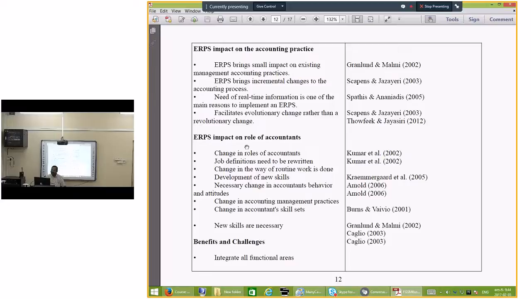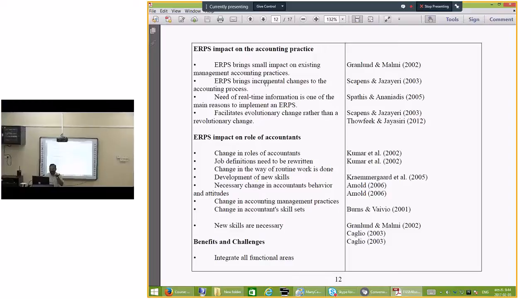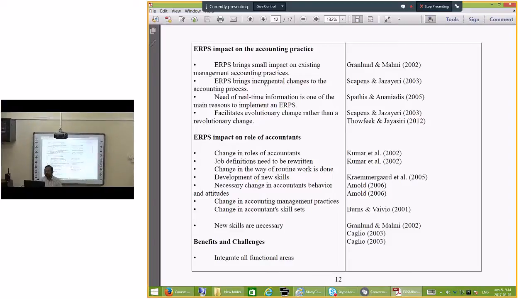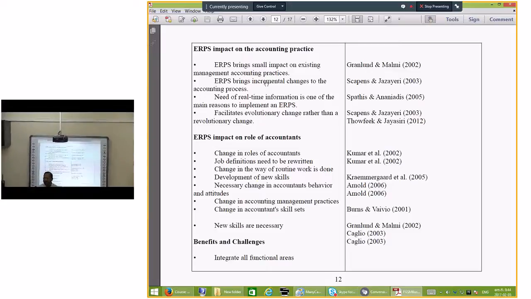Under each main variable, what are the ERP impacts on accounting practice? What criteria do you see? What do the variables mean? What areas do you check for impact on accounting practice?